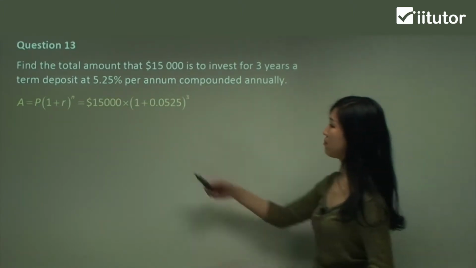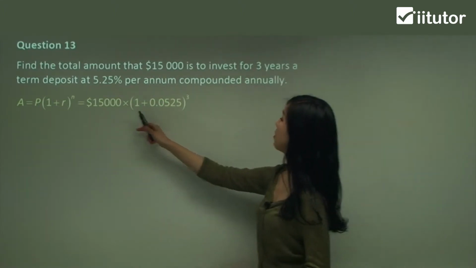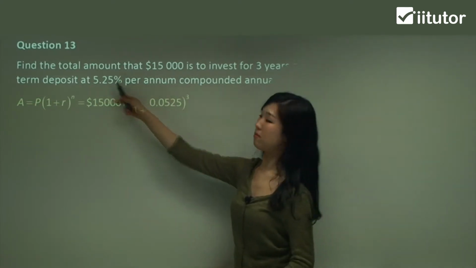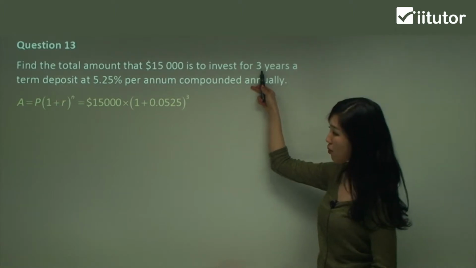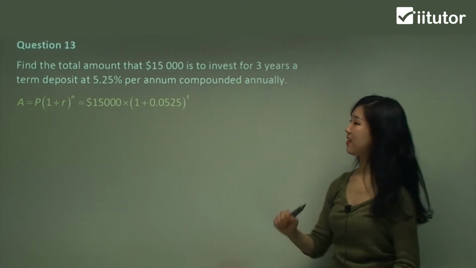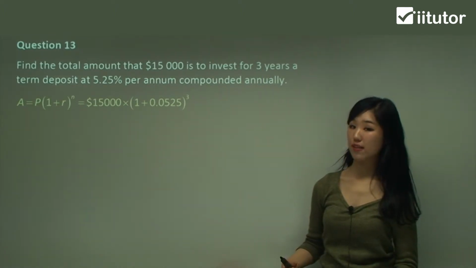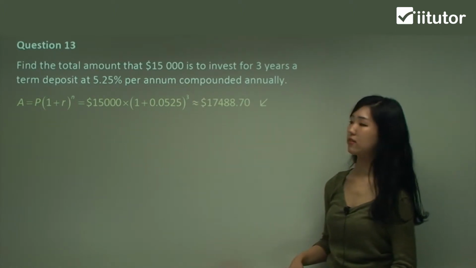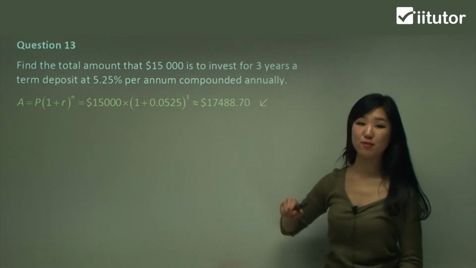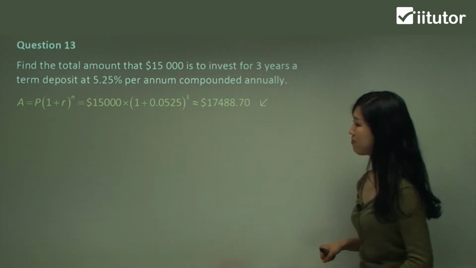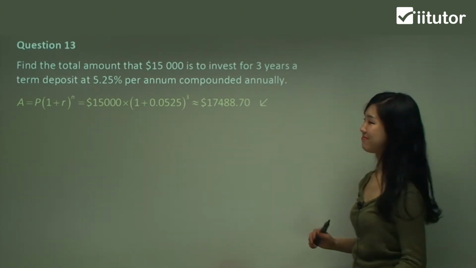Put the values in. 15,000 is P, 1 plus the rate, as a decimal, and our number of terms or periods, 3. Put it in the calculator correctly, you should get something that looks like that. If it doesn't really say, always round it to 2 decimal places. And that's it. So very easy.